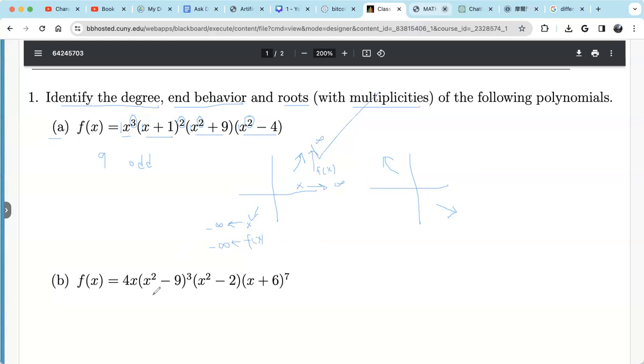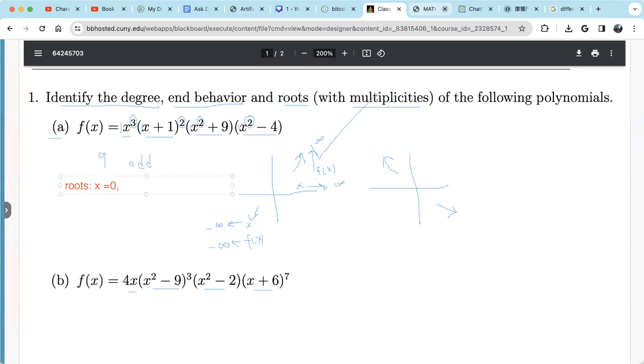That's for A. For B, let's do the same thing. We'll have 4 factors: x squared minus 9, x squared minus 2, x plus 7. Oh, one more thing. We need to find the roots with multiplicity for the first one. So the roots: first, x equals 0, because of x cubed. When the function equals 0, each factor can be 0. That means x cubed can be 0, which means x can be 0.